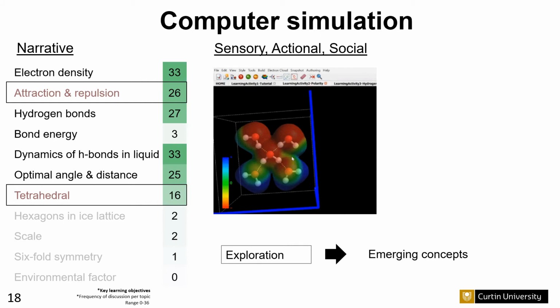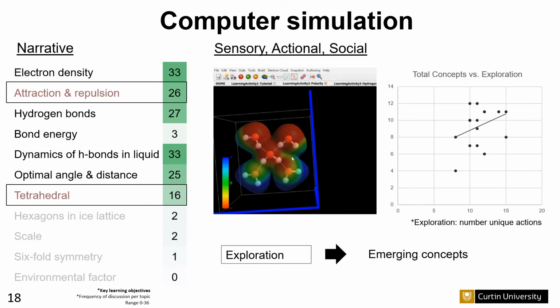We can see here that because the students add water molecules and are able to create a tetrahedral, the learning goals about tetrahedrals emerge in this media. And this chart, similar to the magnetic models before, also shows that more discussion is a result of more unique actions performed. So positive correlation still happens here in this media.